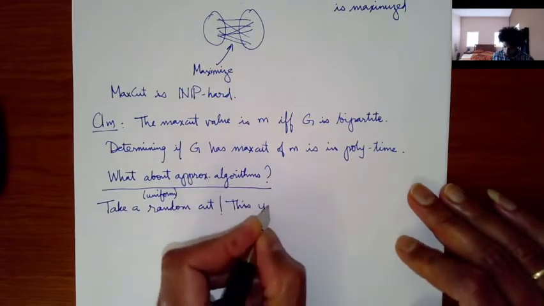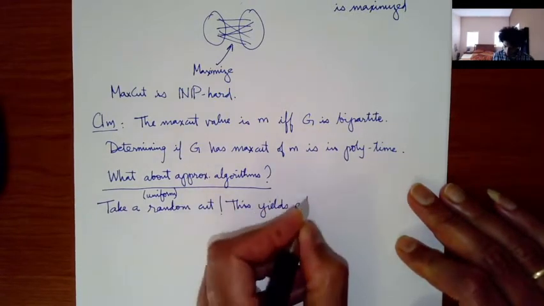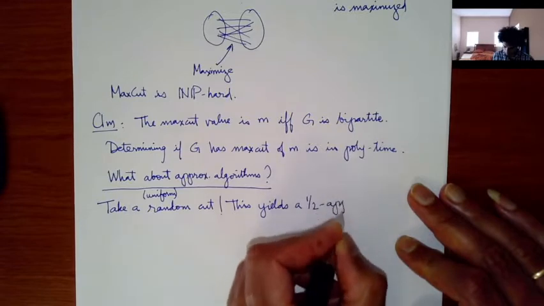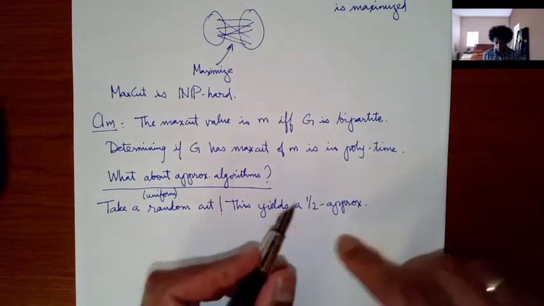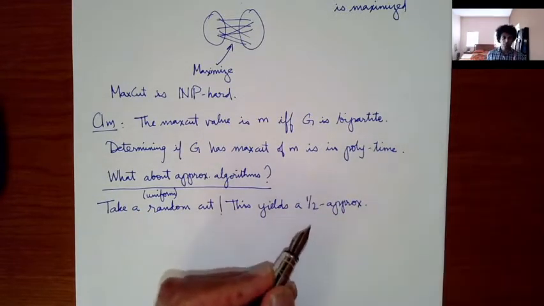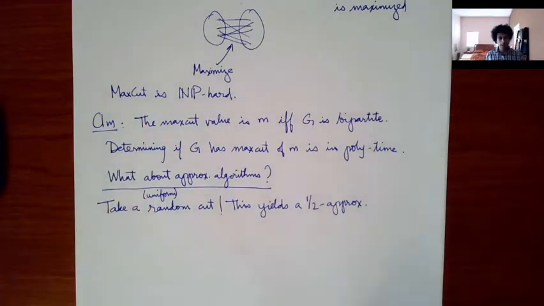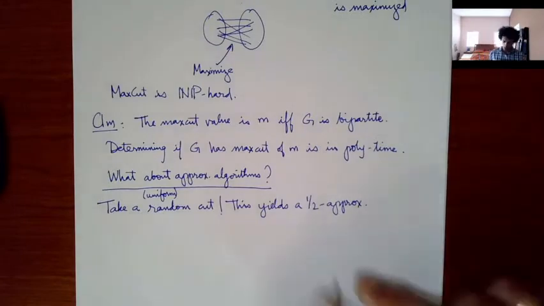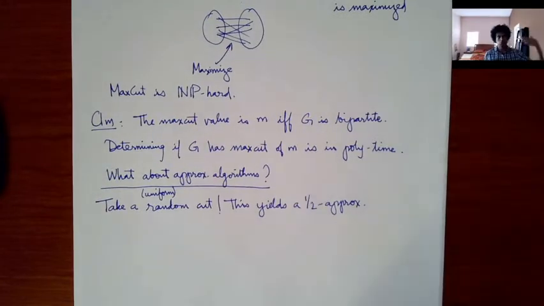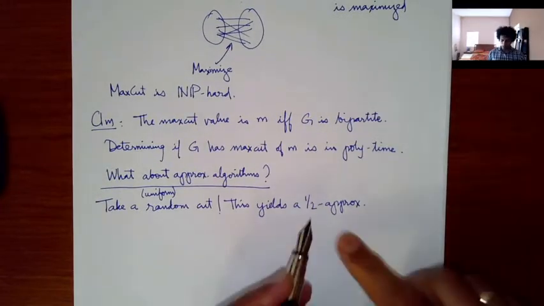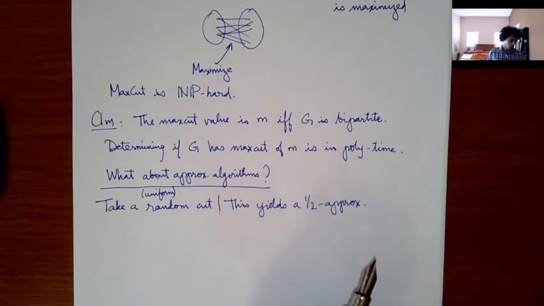This yields a half approximation, which means we can cut at least half the edges of a Maxcut, because this is a maximization problem. And unlike many of the problems we've seen with minimization, where the approximation factor is more than 1, in a maximization problem the approximation factor will be less than 1.